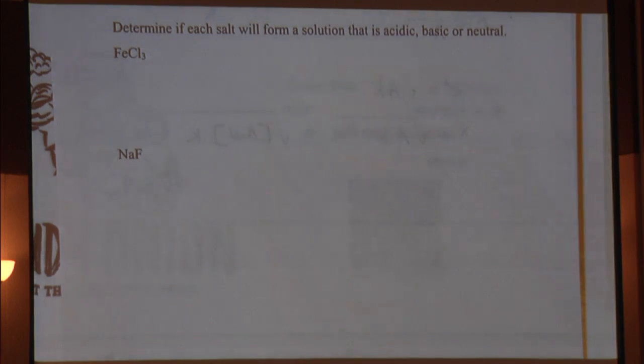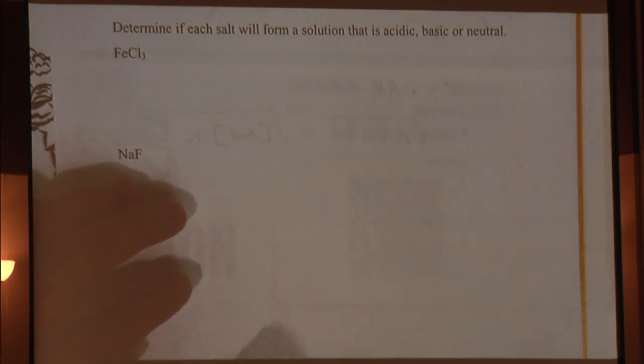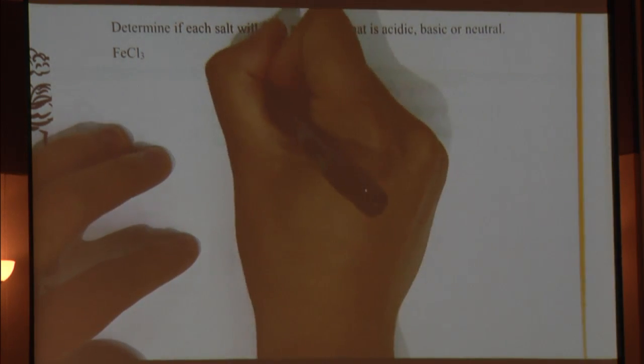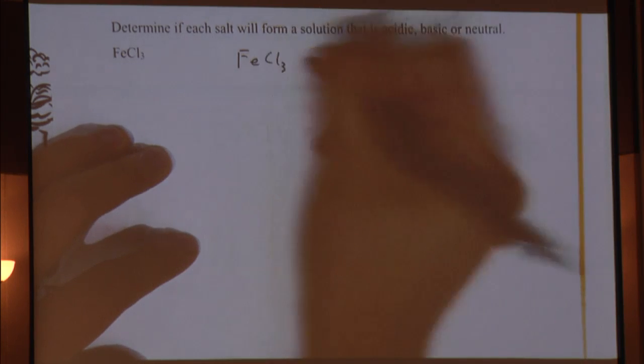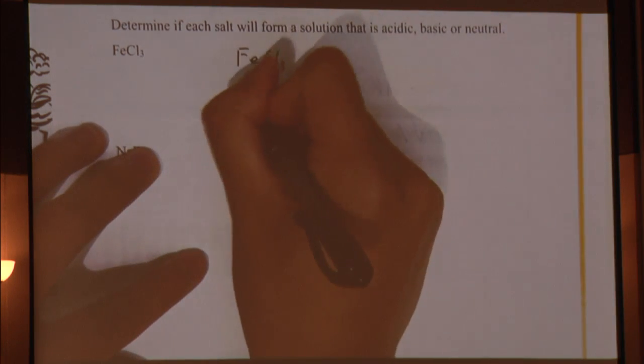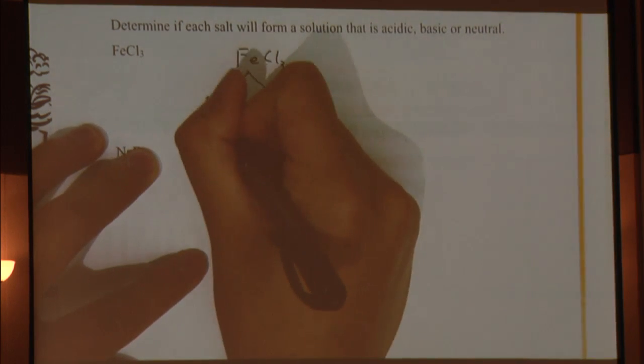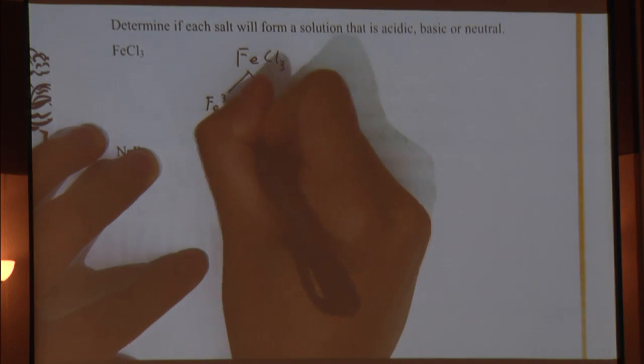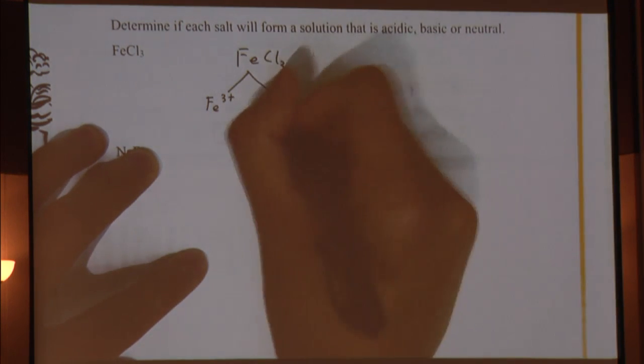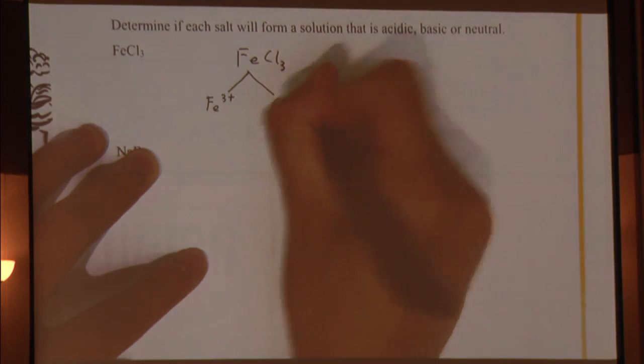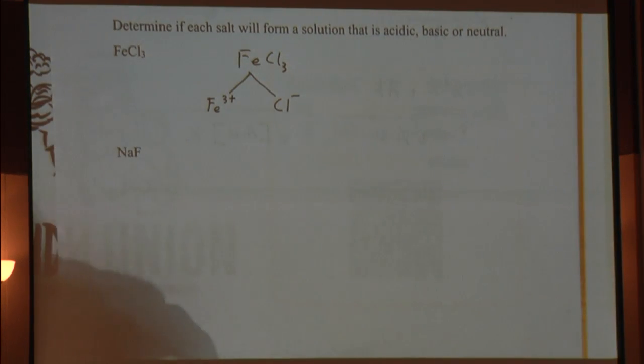So for this example, we need to figure out if this salt will form a solution that is acidic, basic, or neutral. So let's start with iron 3 chloride. We can write out the salt, and then we can recognize that this dissociates into iron with a 3+ charge and chlorine with a negative charge. For this one, we don't need to worry about the coefficients.